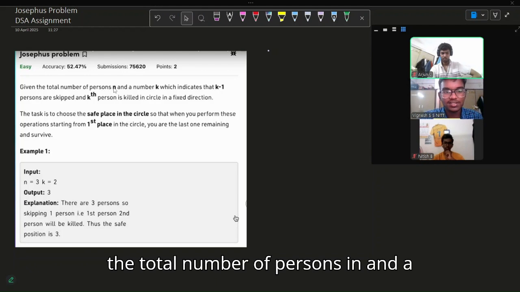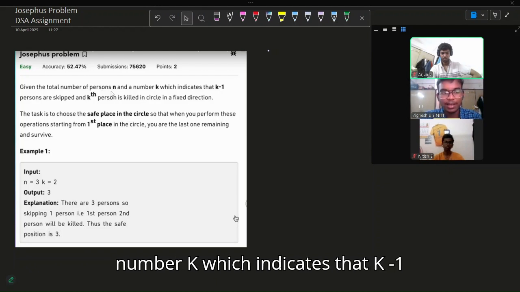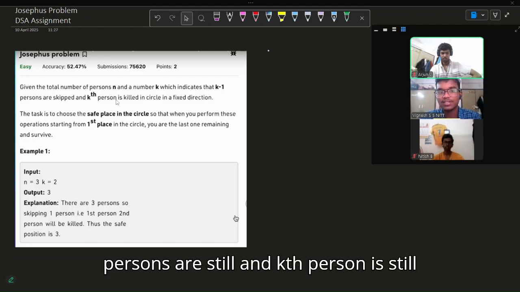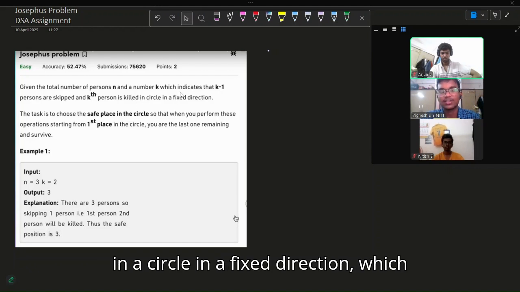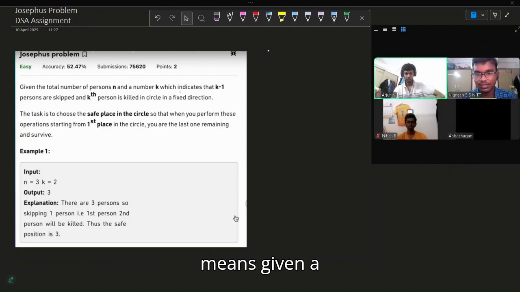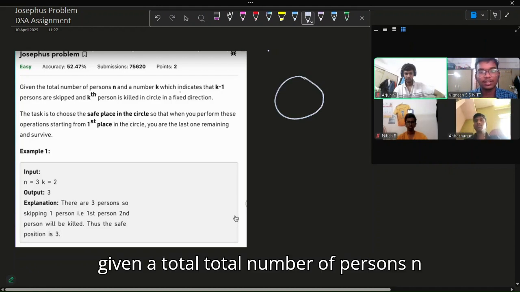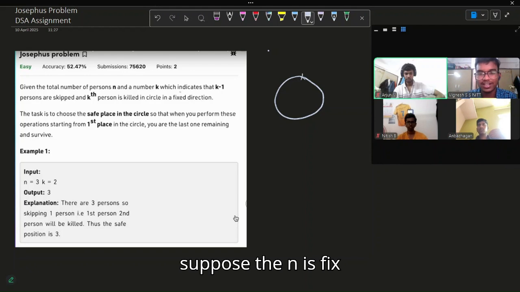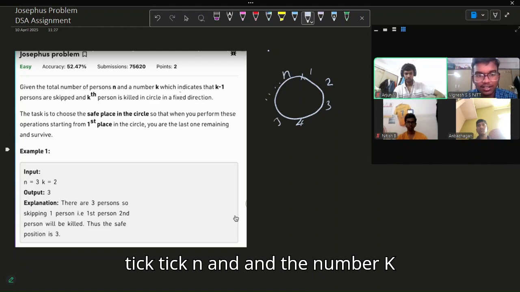Given the total number of persons n and a number k, which indicates that k minus 1 persons are skipped and the kth person is killed in a circle in a fixed direction. Let's suppose n is fixed: 1, 2, 3, 4, 5, up to n, and the number k.